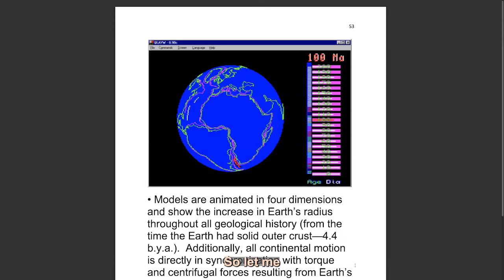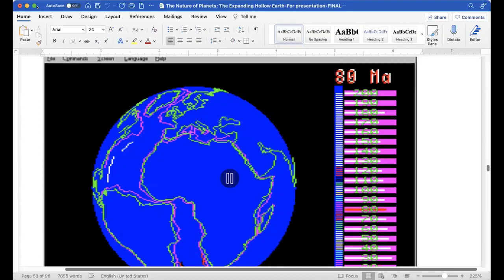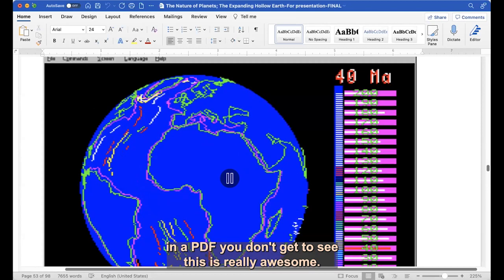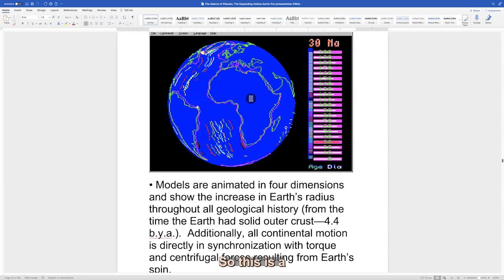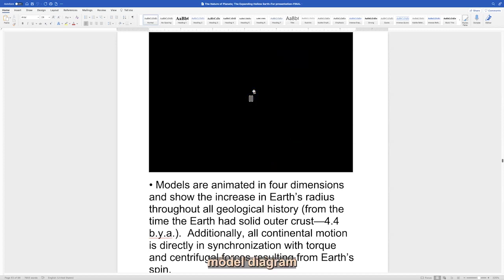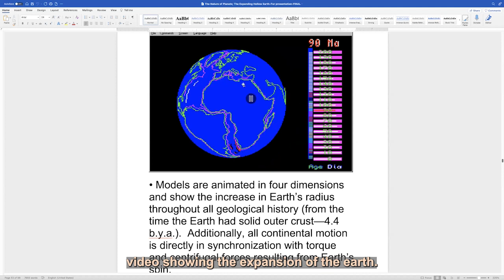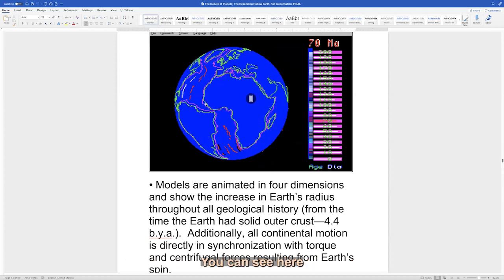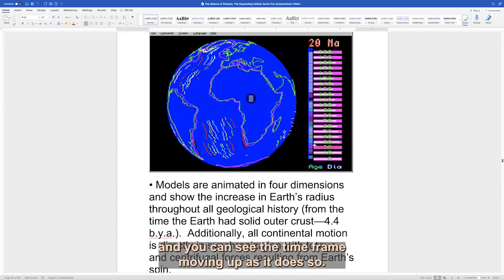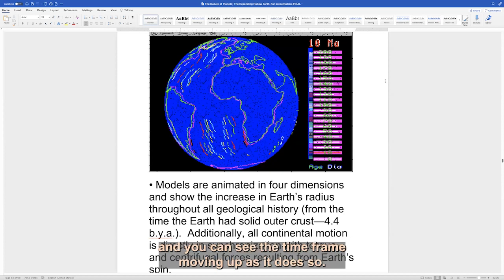Let me stop this share for a moment. In a PDF, you don't get to see this. It's really awesome. This is a model diagram video showing the expansion of the Earth. You can see here the Atlantic pulling apart, and you can see the time frame moving up as it does so.